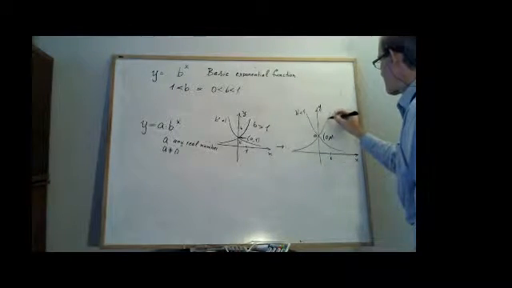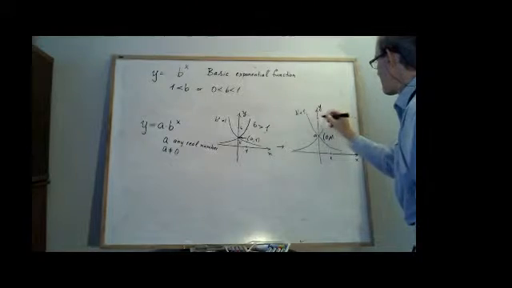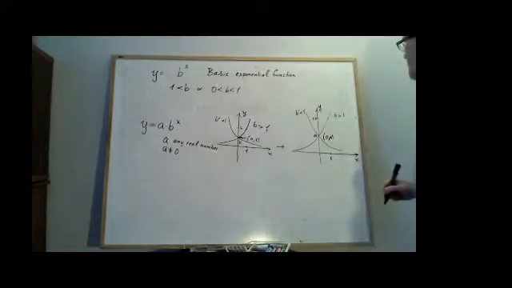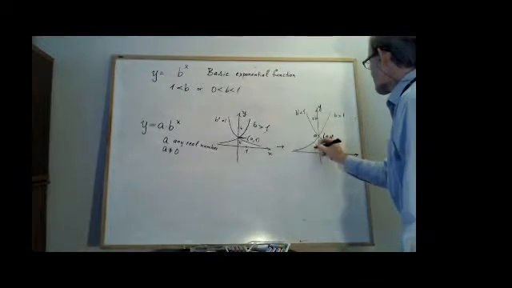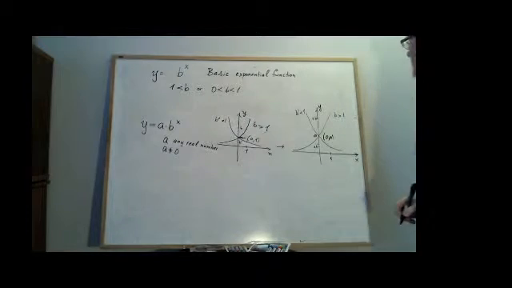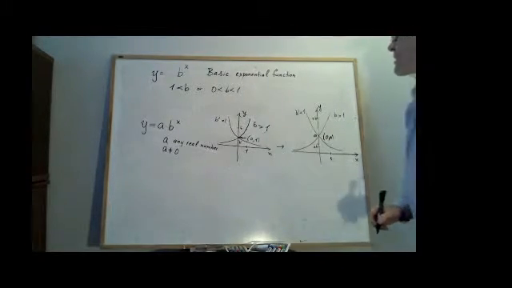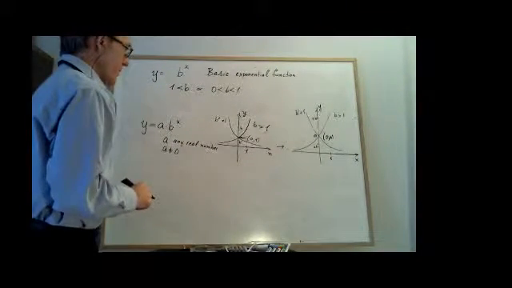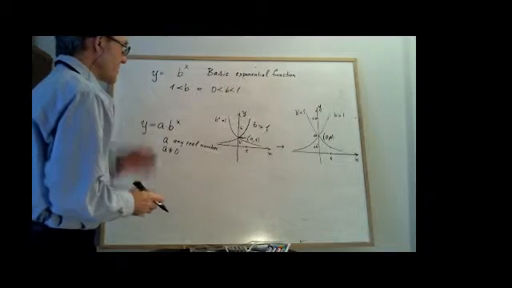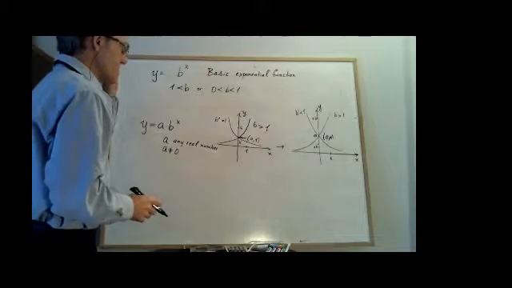So this point here will be a times b. This point here will be a times b prime. So this is a more general form for the exponential function, which the book adopts.